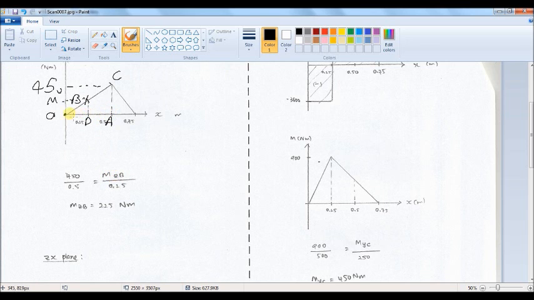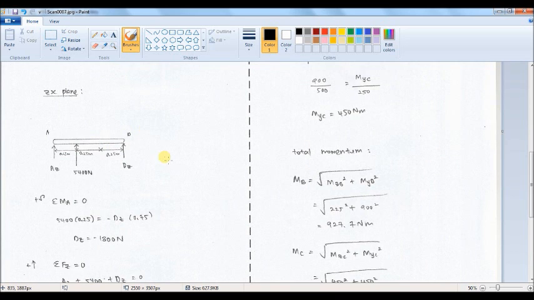And this side of the biggest triangle, side OA, which is 0.5 meter, is similar to this side of the small triangle, OD, which is 0.25. And then we conclude that the moment at location B equals 225 Newton meter. That means this value is 225 Newton meter.